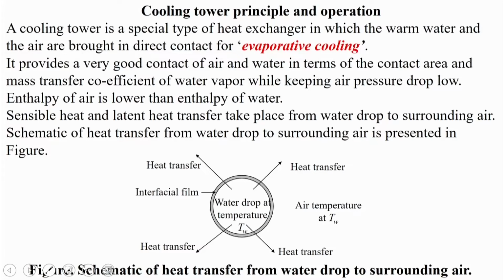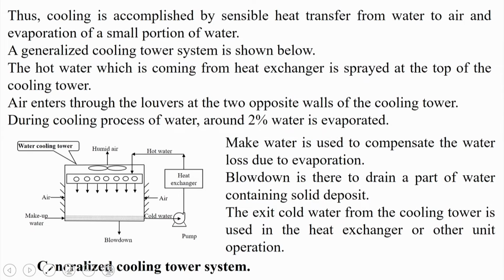From this figure, we can easily observe that the water drop is at temperature TW, and the air temperature is also at TW, and heat transfer takes place from the water drop to the surrounding. Okay. Thus, the cooling is accomplished by sensible heat transfer from water to the air and evaporation of a small portion of the water. So, now one generalized cooling tower is shown here.